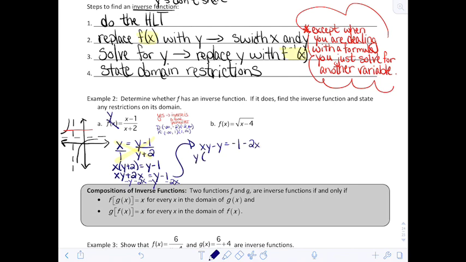Let's factor out a y, and I'm left with y times x minus 1 equal to, and I can rewrite this, -2x minus 1. So to get y by itself, I'm going to divide both sides by x minus 1. And now y is equal to -2x minus 1 all over x minus 1.